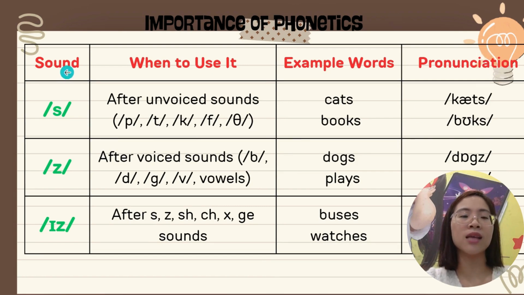Now look at here, sound s after unvoiced sounds. For example here, p, t, k, f, right? Like cat, cats, book, books. And sound z after voiced sounds like b, d, g, v, or vowels, like dog, dogs, play, plays.